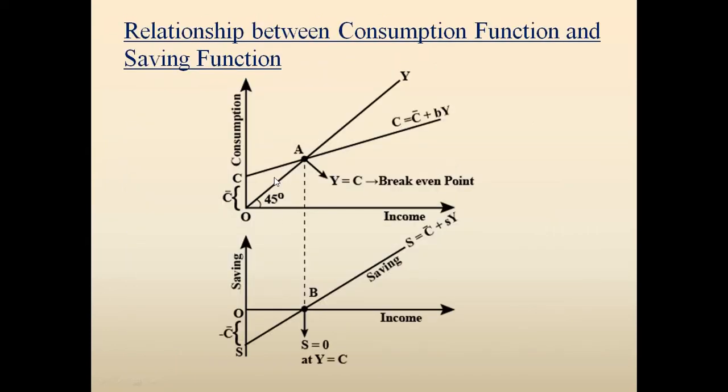And when income is equal to C, saving will be equal to 0. So when your income is equal to consumption, your saving will be 0.